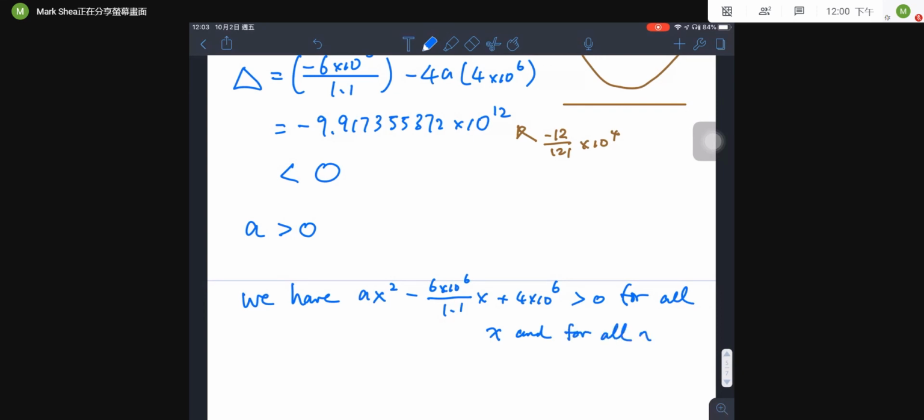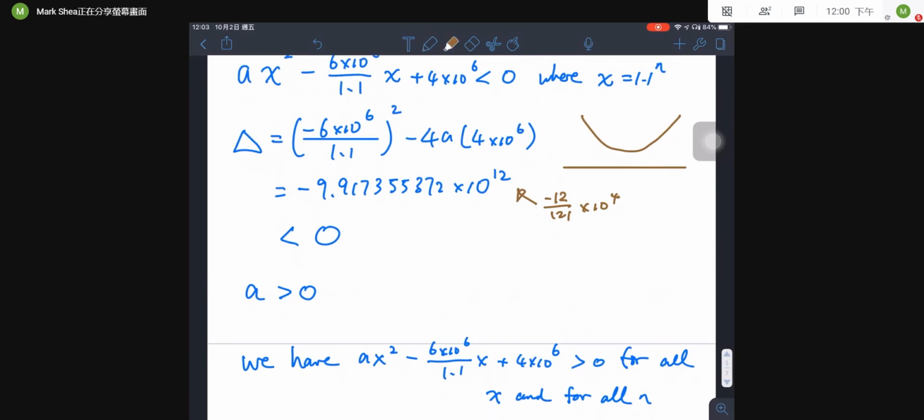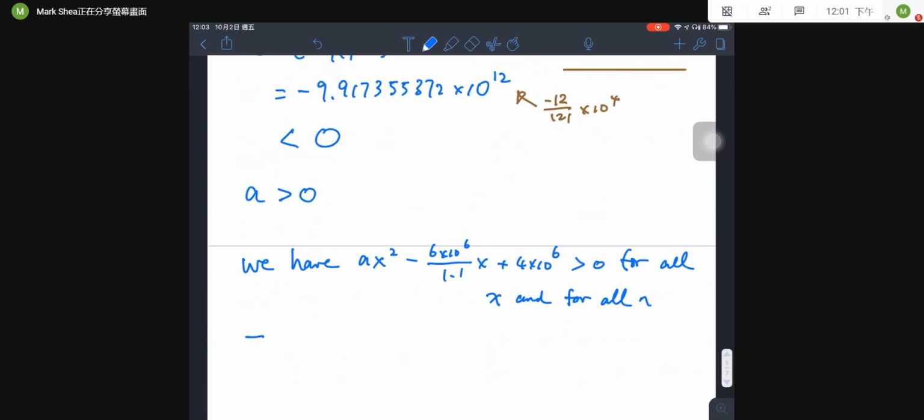Don't forget x is 1.1 to the power n. So there's no solution for the inequality.